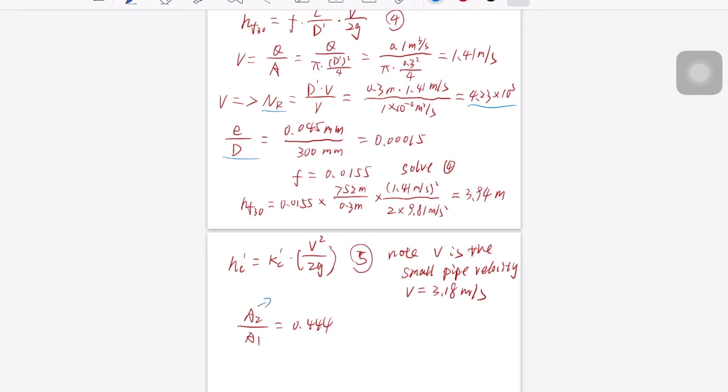This is the cross-sectional area of small pipe, and this is the cross-sectional area of larger pipe.